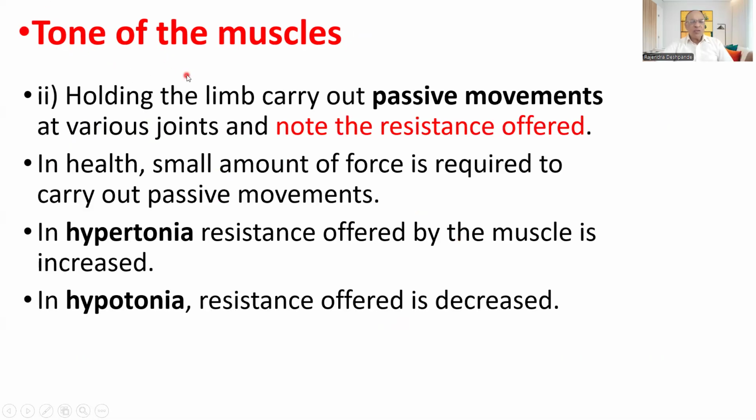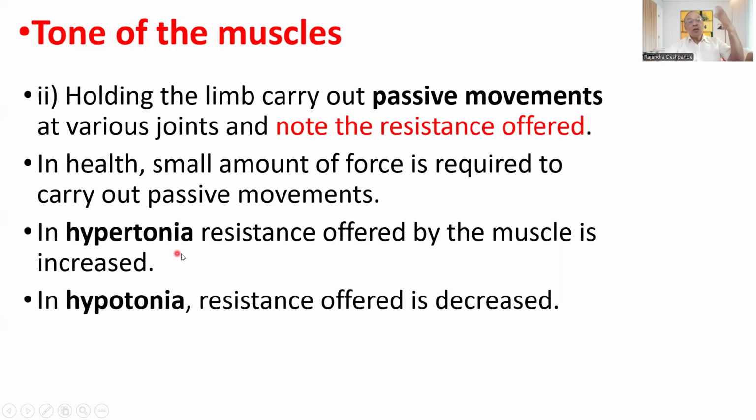Now, tone of the muscle, another method. Holding the limb, either hands or leg, the doctor should make passive movements at various joints and note the resistance offered. In a normal, healthy individual, everybody, you and me, a small amount of force is required to carry out passive movements. A little, small amount of force.